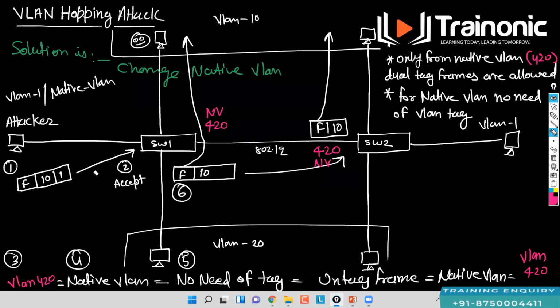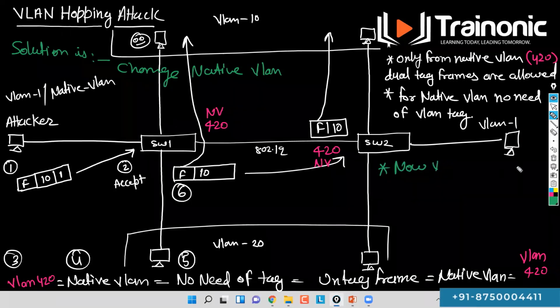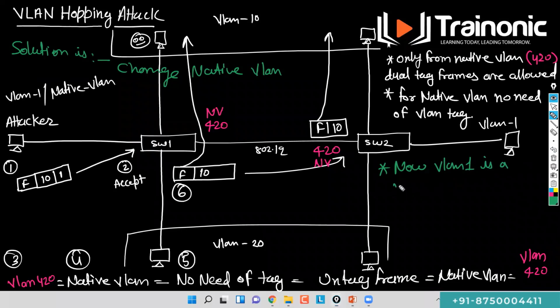Now what will happen if we change the native VLAN here? VLAN 1 is a normal VLAN.